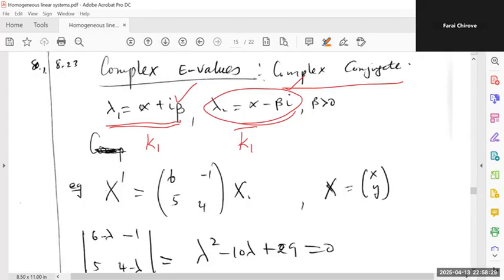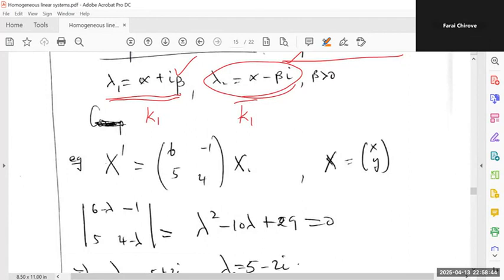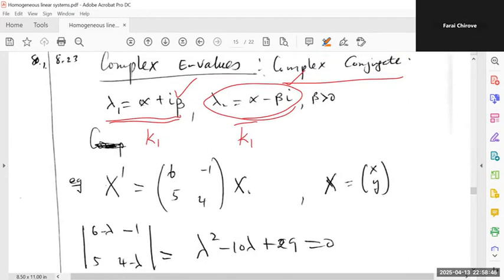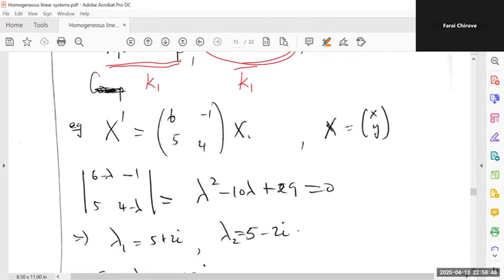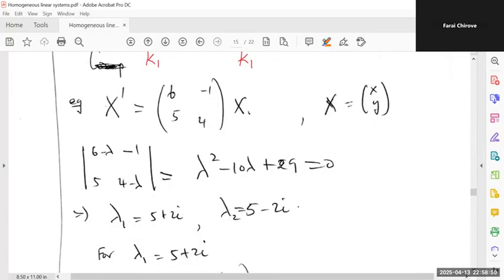So we're going to argue at some point that it's only enough to find the eigenvector associated with lambda 1, and it will then infer solutions on the other one, that is the complex conjugate. That's what we are saying here.